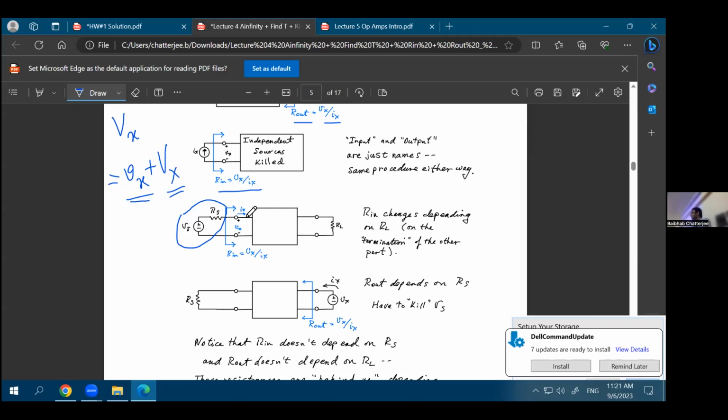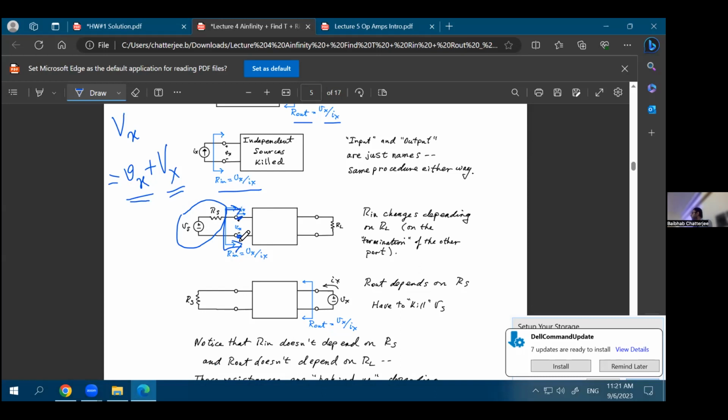It will not, because the input resistance of the black box is defined at the input of the black box. So whatever is happening before the input will not come into the picture. Your input resistance is defined at this point, so you don't care about what is on the left-hand side of it. Makes sense, right? You are looking into this point. The input resistance of this black box does not change if I change this RS from 10 ohms to 100 ohms.